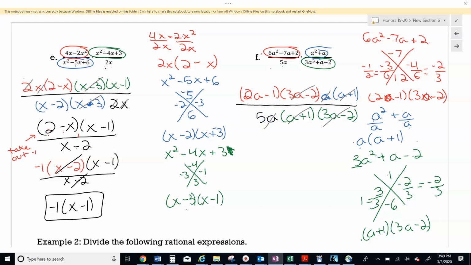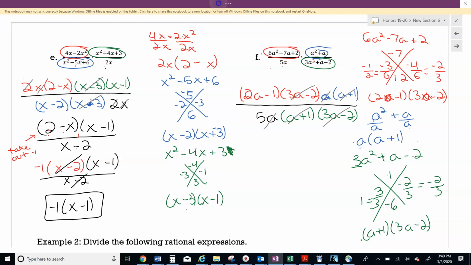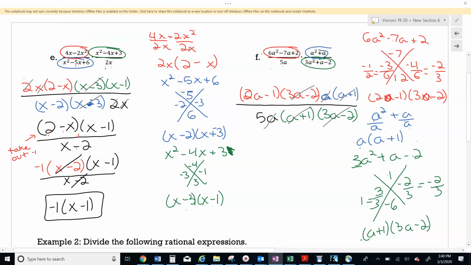This is 5 times a. That is a factor. Those aren't connected. Okay? And I'm left with just 2a minus 1. And I don't need a denominator, right? If I didn't have a numerator, I'd have to put a 1. But we don't need a denominator.